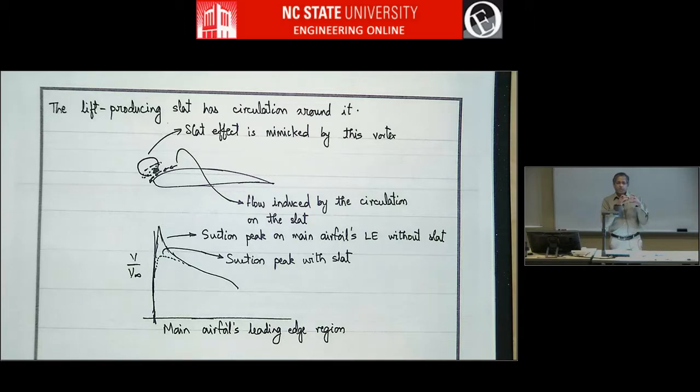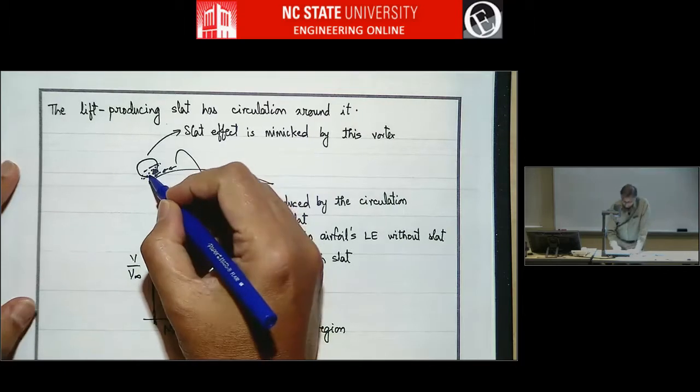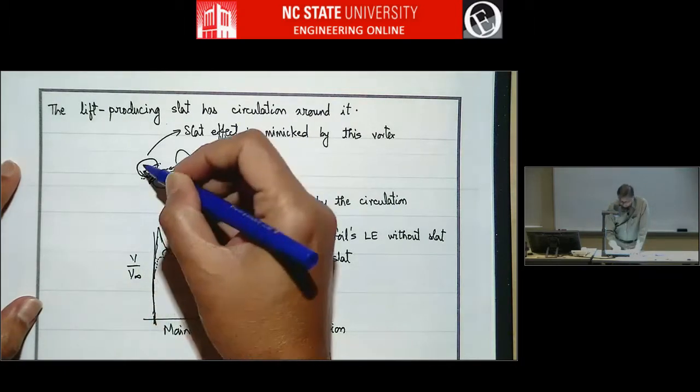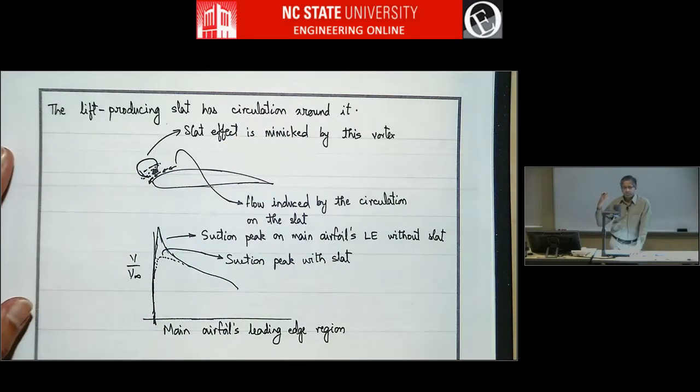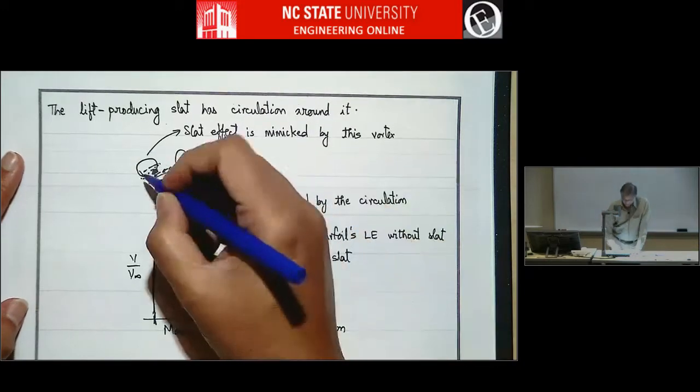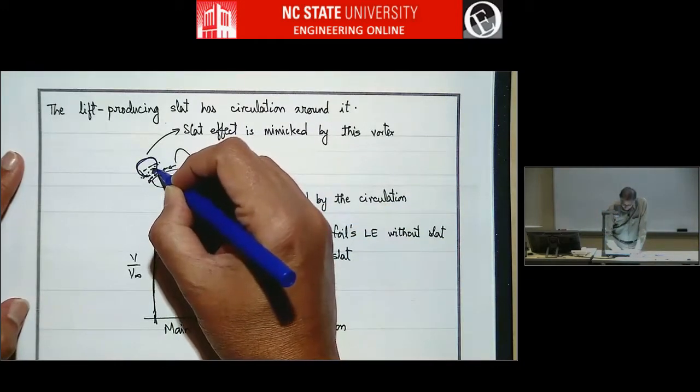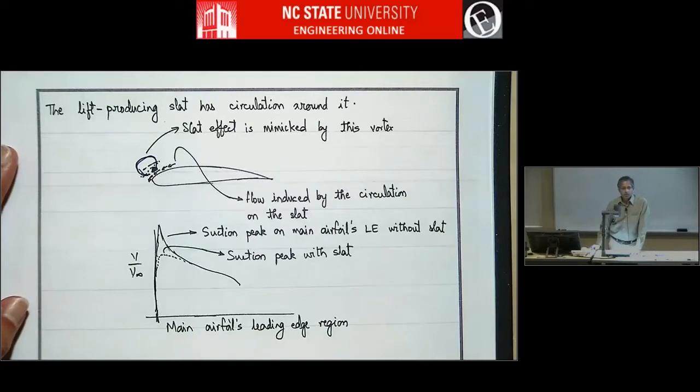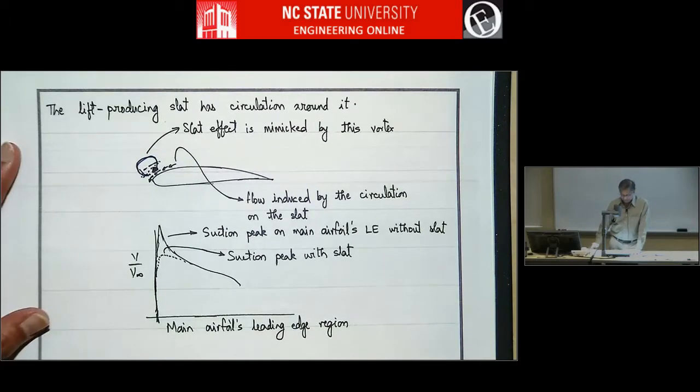And remember, you can replace any aerodynamically lifting object with a circulation, with a vortex. So Amos Smith says, hey, for purposes of understanding why a slat works, let's replace this by some vortex, just as a mental exercise.